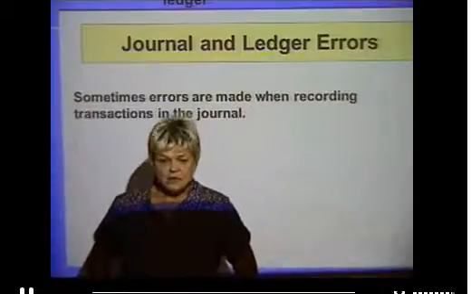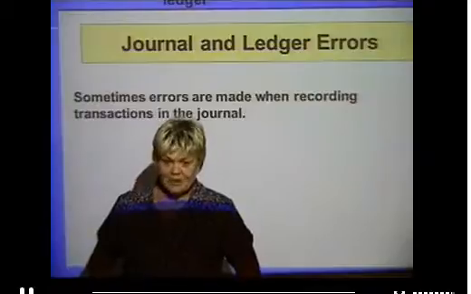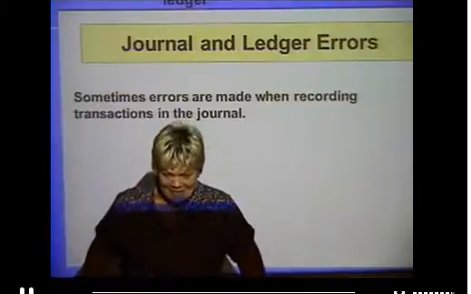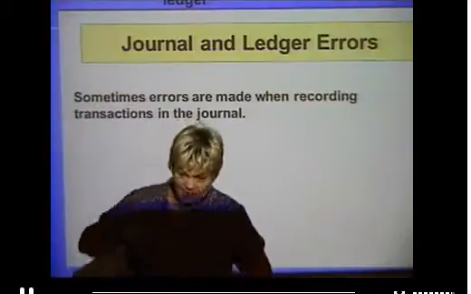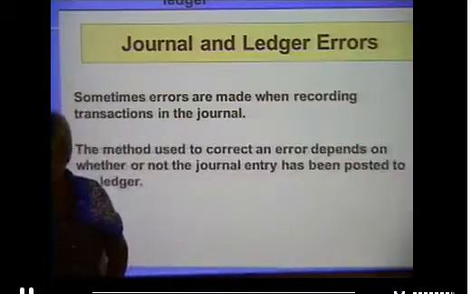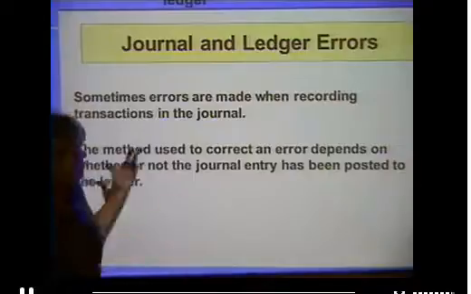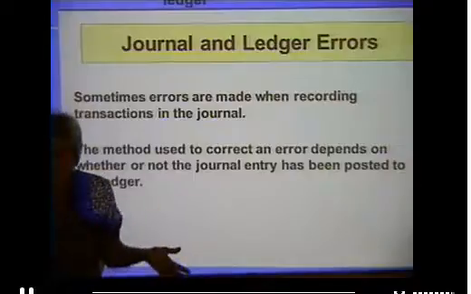That's what all the hoopla is about when they find people changing things and taking money out of it. So we can't erase, can't use whiteout. How we correct it depends on what we've done. If the only thing we've done is write it in the journal, then it's pretty easy to correct. If we posted it, that's a whole other story.